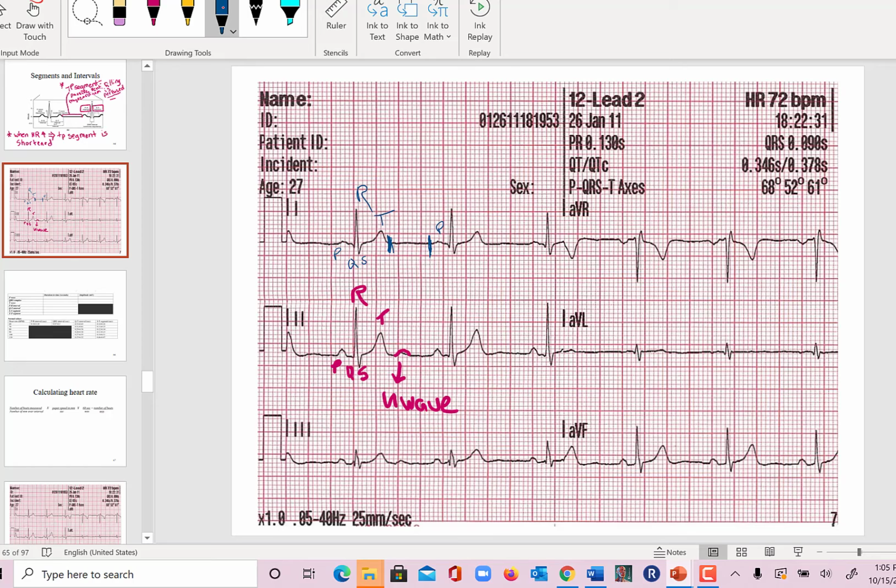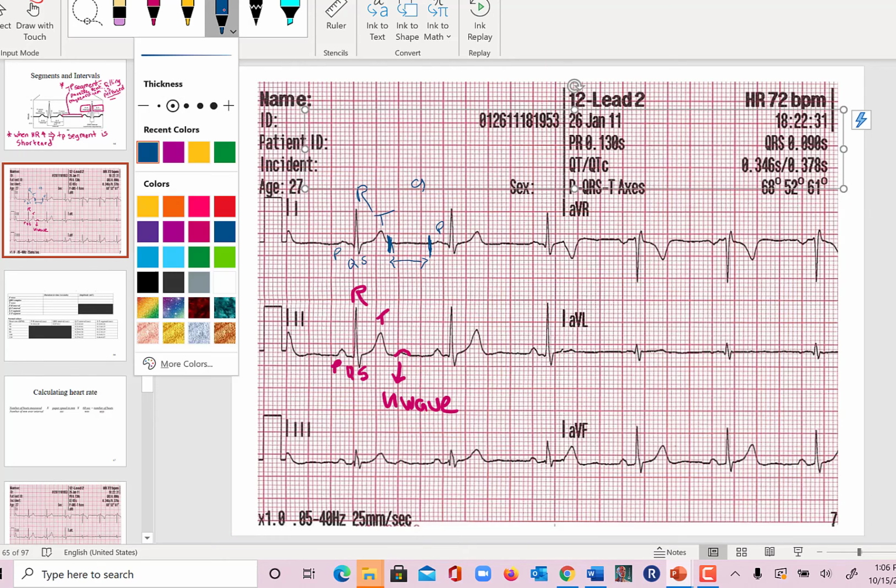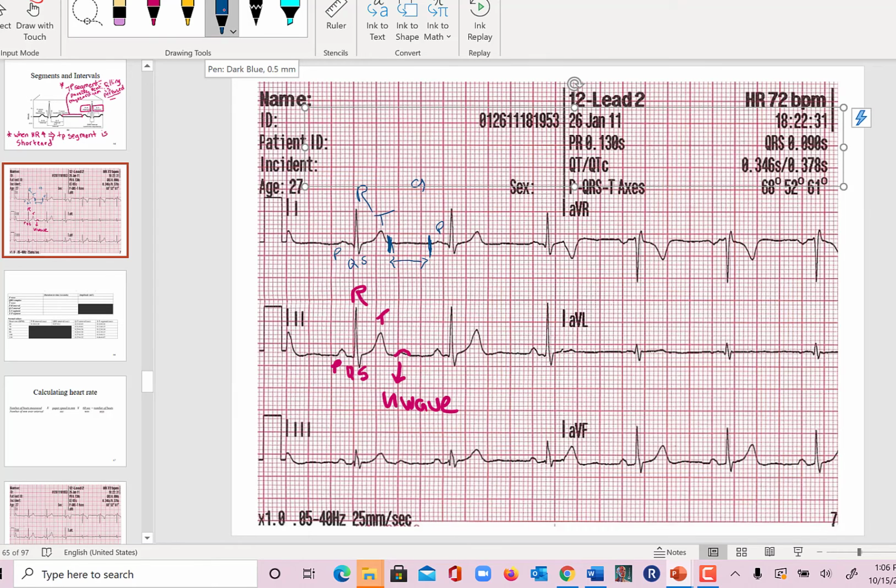So let's measure the distance between the T and the P wave, where the T ends and the next P begins. I'm seeing 5 millimeters, 6, 7, 8, 9. I'm seeing 9 millimeters. I'm going to write it over here, 9 millimeters.